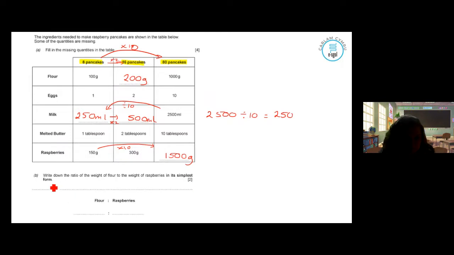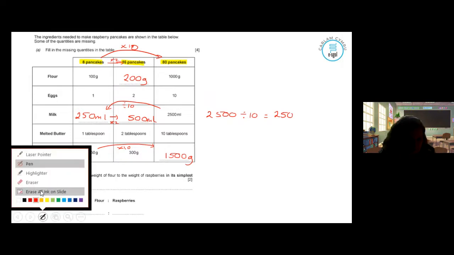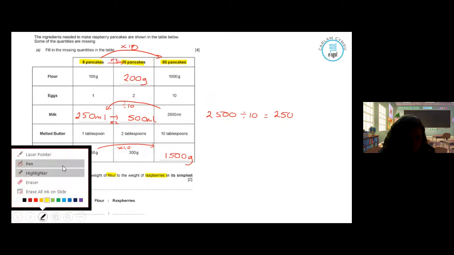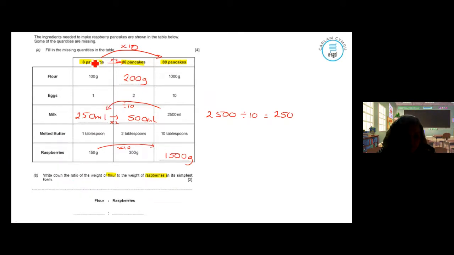And then part B, I'm going to just get my highlighter out a second. Write down the ratio of flour to the weight of raspberries in its simplest form. So flour then, it doesn't matter what column you use. I'm going to go for the 8 pancakes one because that means I do less simplifying. So the flour is 100 grams. That comes first because it's first in the words, and then raspberries is 150.